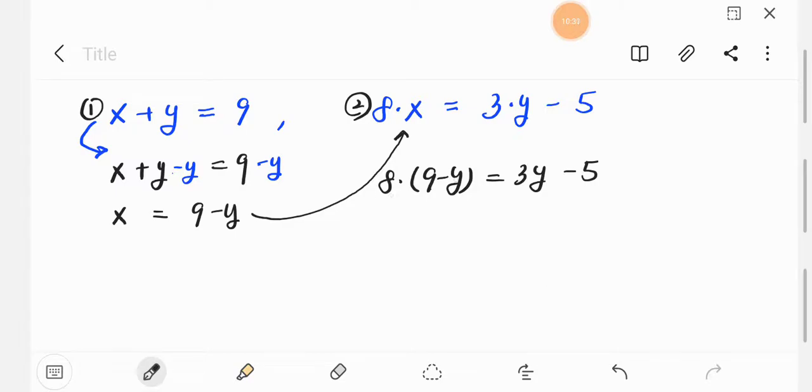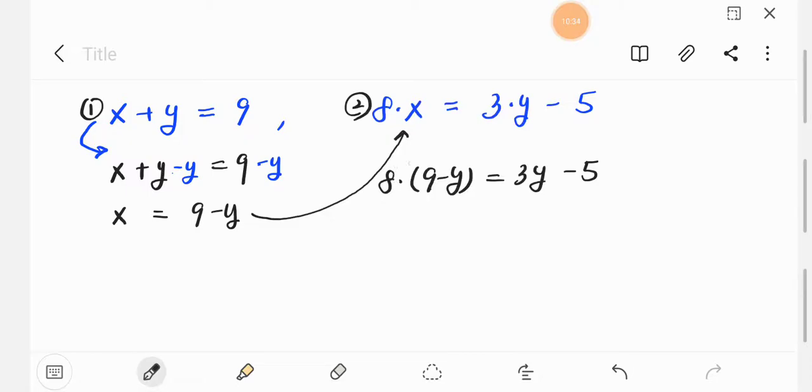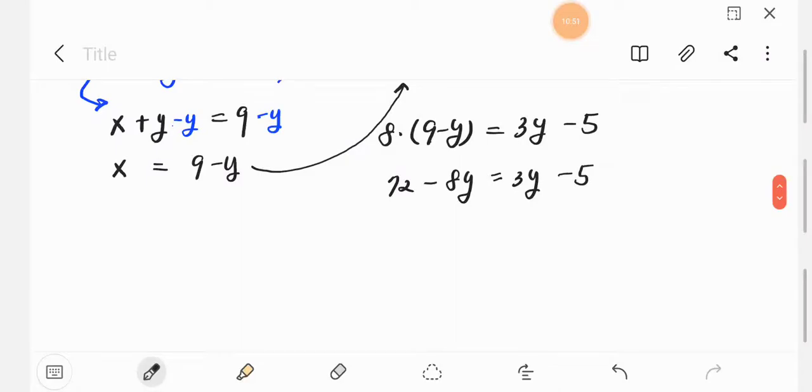All right, then use the distribution property. So 8 times 9 is 72 minus 8 times y is 8y. Then the right hand side is 3y minus 5. So this equation contains variable terms on each side.